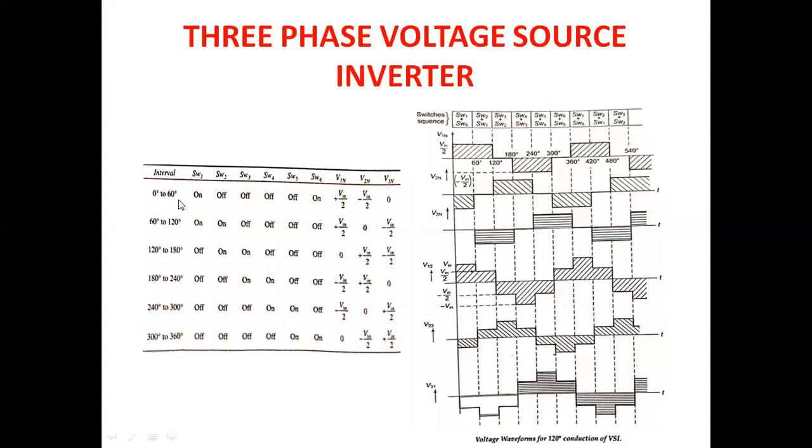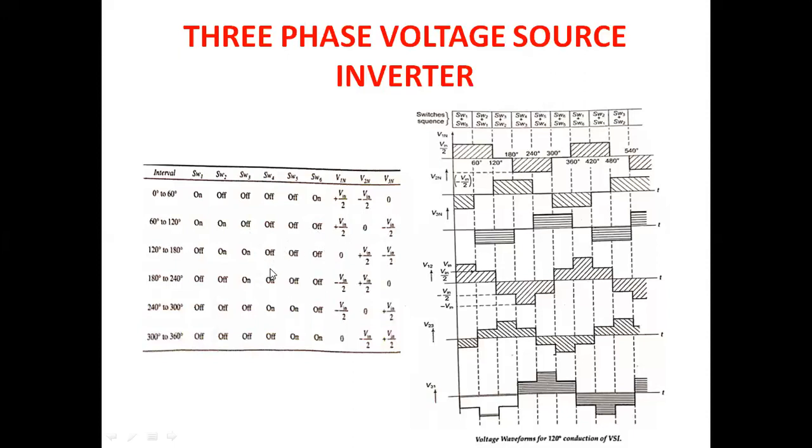For the first interval, switch 1 and switch 6 are on and the rest of the switches are off. For the second interval, switch 1 and switch 2 are on and the rest are off. For the third interval, switch 2 and switch 3 are on and the rest are off.